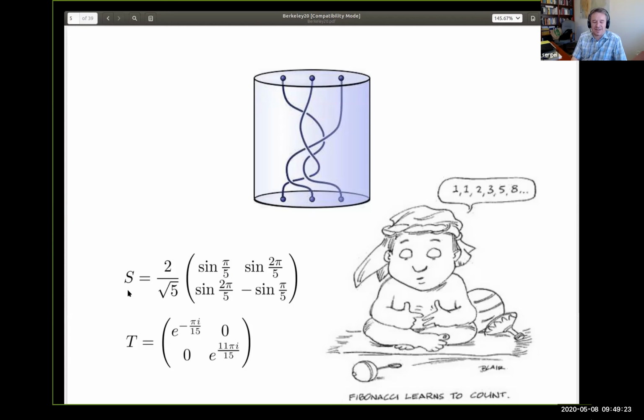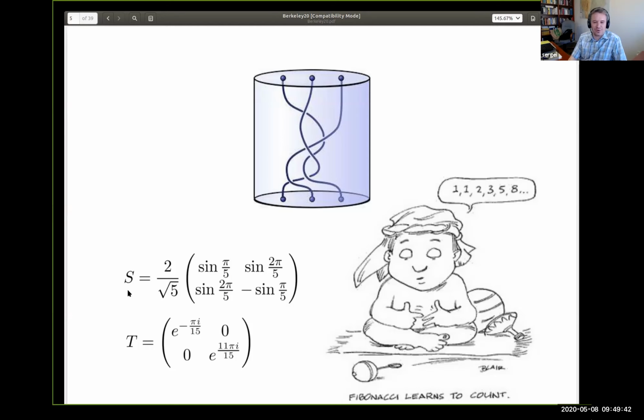Part of the reason is that modular data, S and T matrices, describe a modular tensor category pretty well. In fact, for a while, there was a conjecture or belief, I don't know which word is better, that modular data uniquely characterizes the modular tensor category.